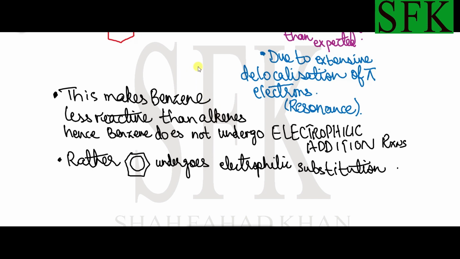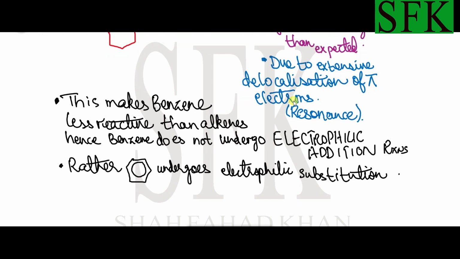So basically, due to the delocalization of pi electrons, benzene is very stable, and hence it is less reactive compared to alkenes, and therefore it cannot undergo electrophilic addition reactions.